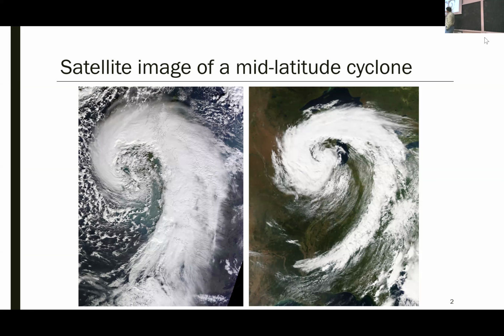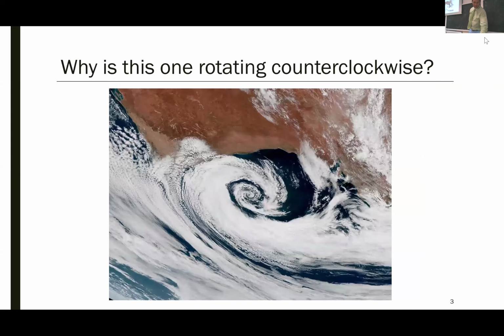The size of these systems is thousands of kilometers, and they occupy the entire depth of the troposphere, which in mid-latitudes is about 10-11 kilometers. And they can produce all kinds of storms.